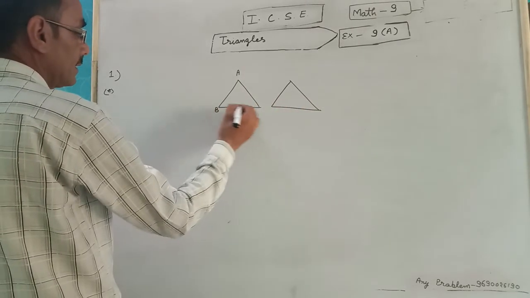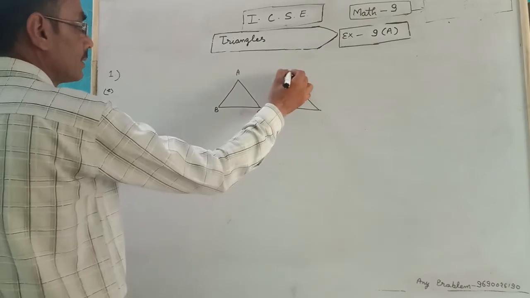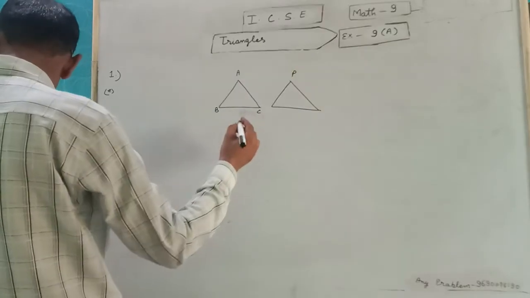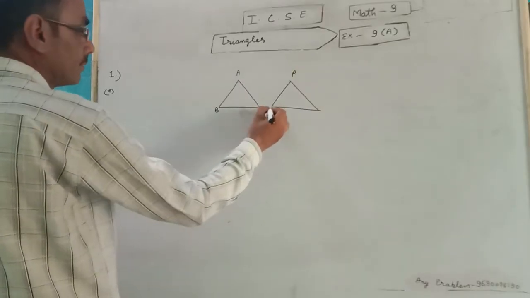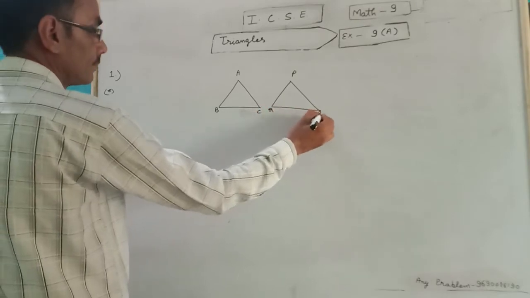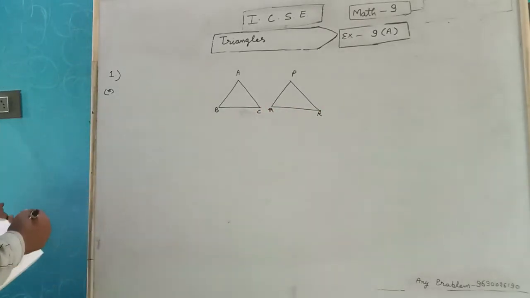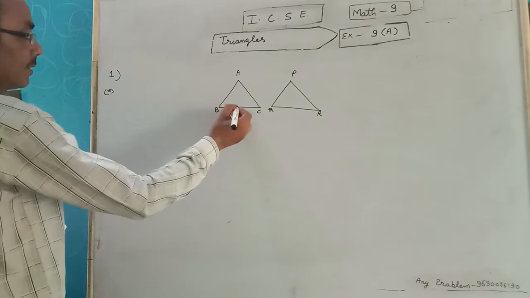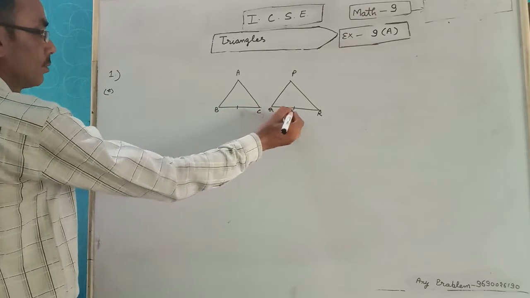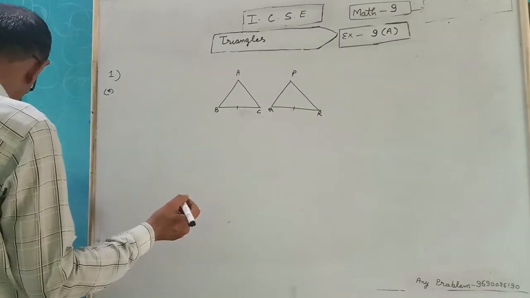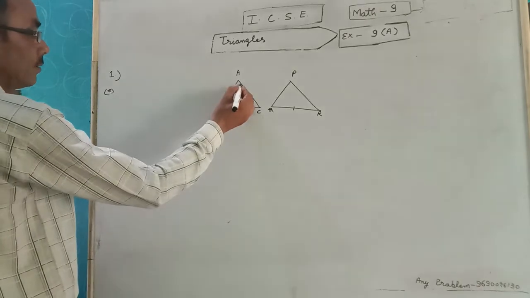ABC and PQR. BC equal QR. Angle A is equal to 90.